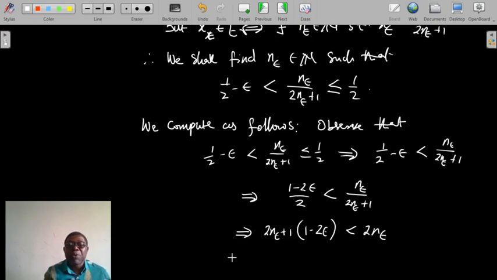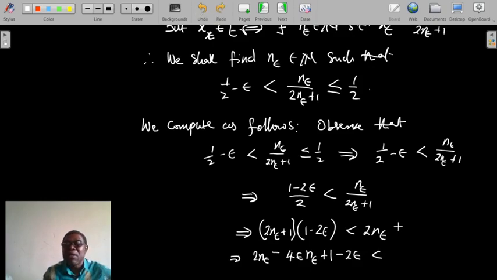And we do this algebra, placing this in brackets, to get that 2n_epsilon minus 4 epsilon n_epsilon plus 1 minus 2 epsilon will be less than 2n_epsilon.